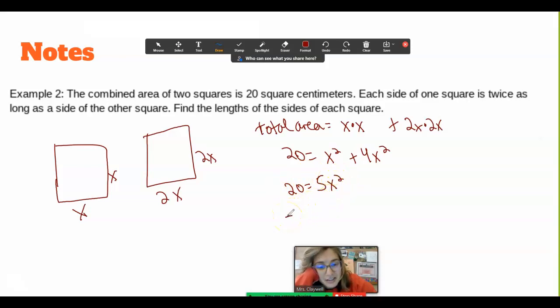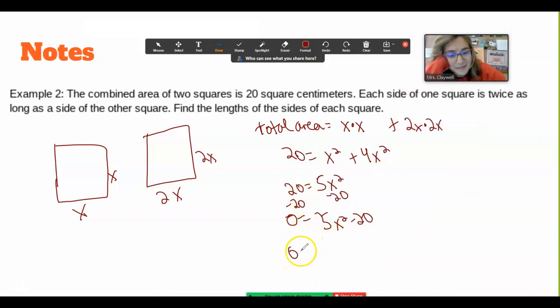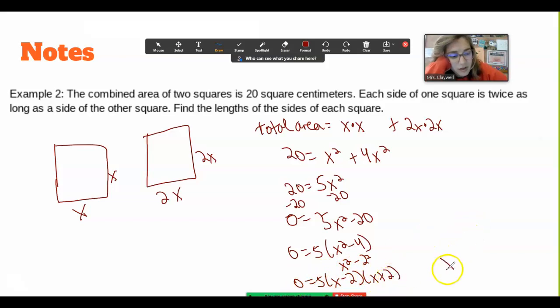And now I want to solve this by setting one side equal to 0. I can factor out a 5. X equaled negative 2 and 2 when I set those equal to 0.